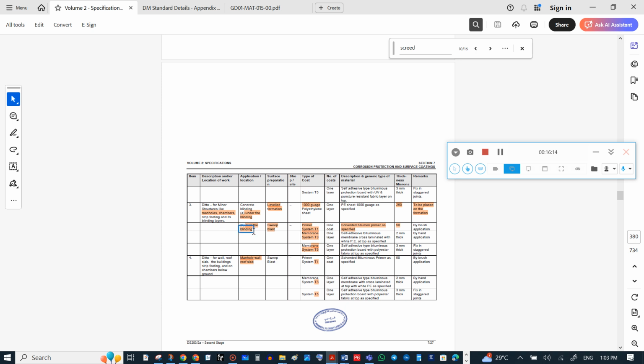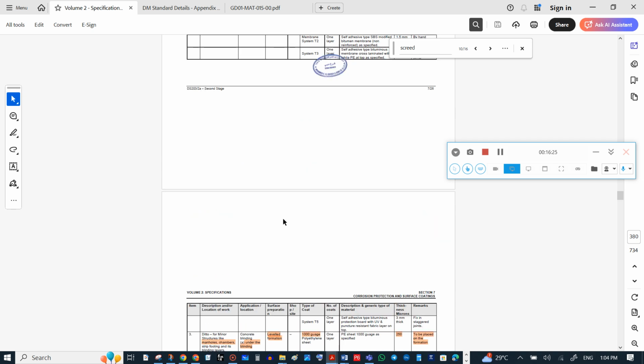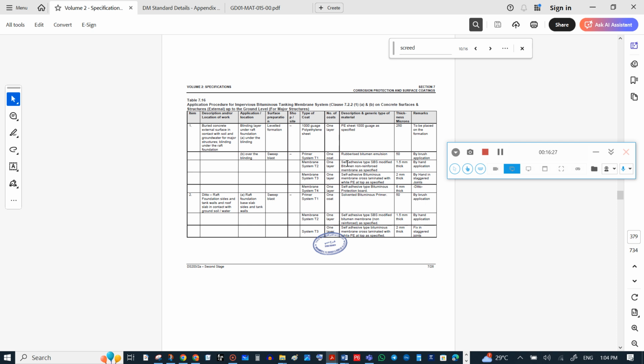Also, we can see this T2 membrane is not shown in the manhole. Why? This T2 is a self-adhesive type SBS modified bitumen, non-reinforced membrane. So we need to find the difference between this and the cross-laminated T3 membrane system. Okay.